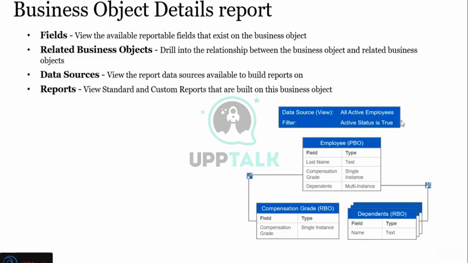This acts as a filter. It's a Workday delivered filter that you're using, and it will only get you those employees wherein the active status of the employee is true. This data source is built on this business object called employee, and this business object has a number of fields.